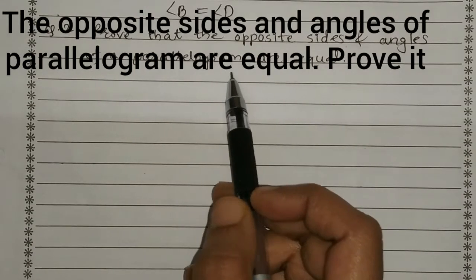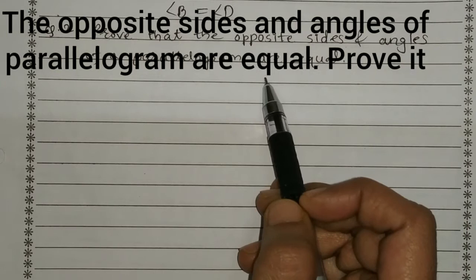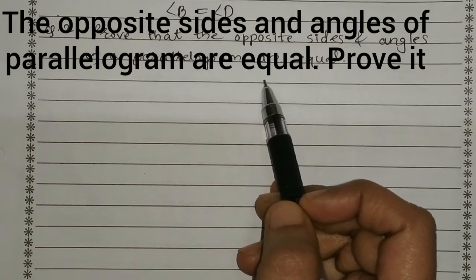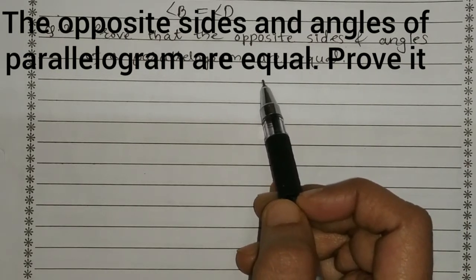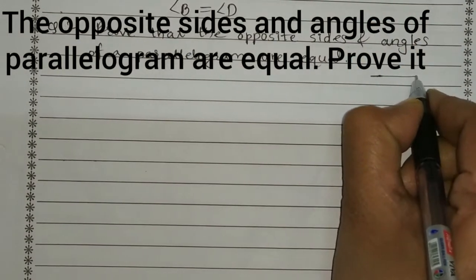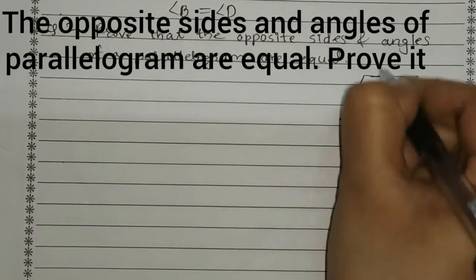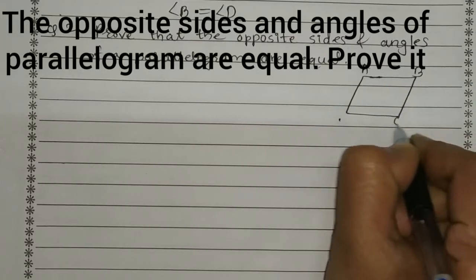Again we have to prove that the opposite sides and angles of a parallelogram are equal. So what we'll do, we'll first make one parallelogram. Let us consider ABCD is a parallelogram.